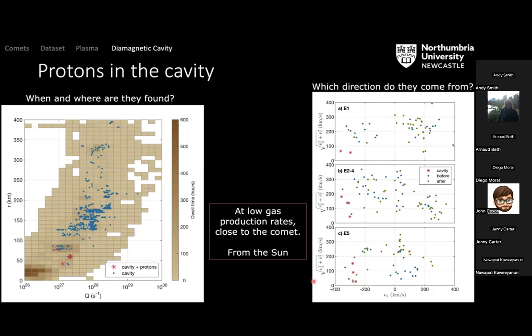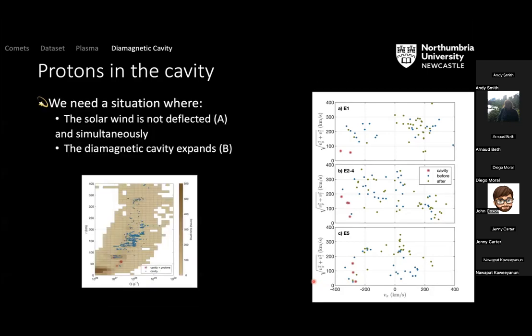So what does this mean? Well, basically, to be able to explain these observations, we need a situation where the solar wind is not deflected for some reason. But at the same time, we also need the diamagnetic cavity to expand, because if it wouldn't expand, the spacecraft would not be able to measure it, because it's just sitting at the same point all of the time.